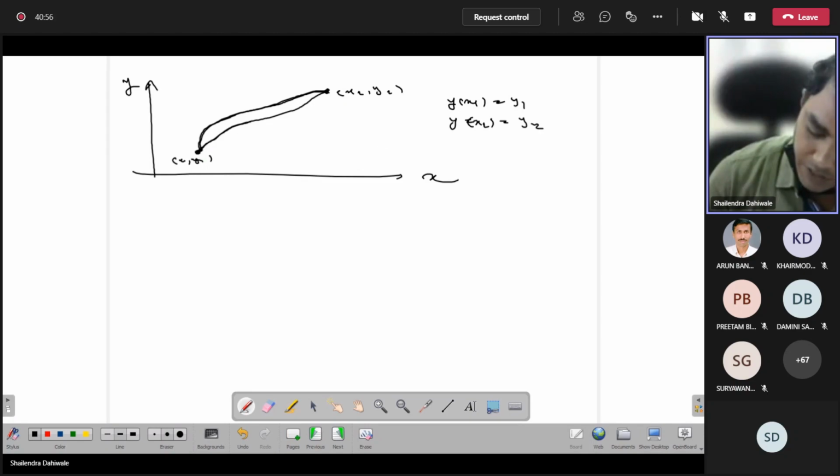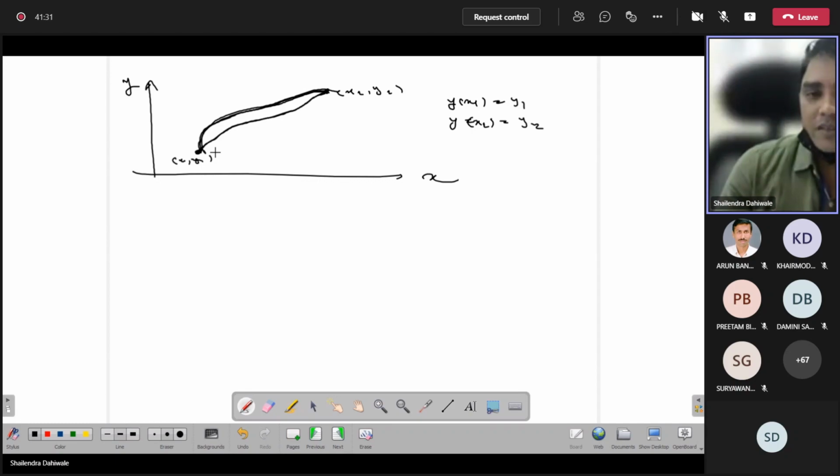If this is my real path, and I take any variation from this path, this varied path must pass through these endpoints, and the derivative at those endpoints is zero. This is the basic condition here.